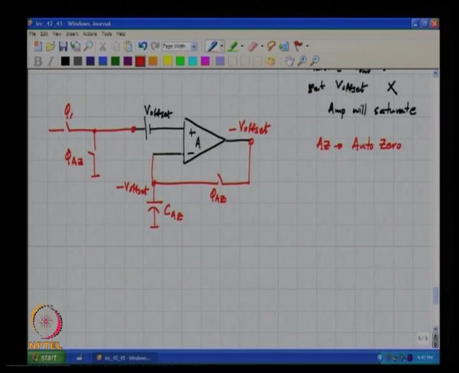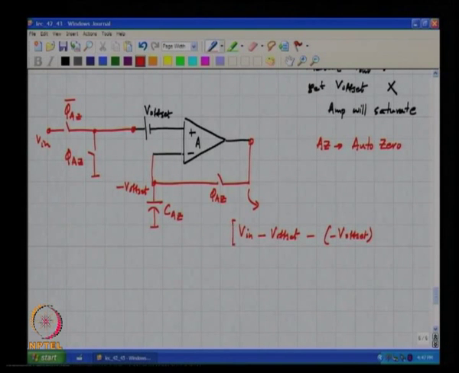and then if you say during phi AZ bar the input is applied, what will be the output voltage? V in minus V offset minus of minus V offset times A. All right.